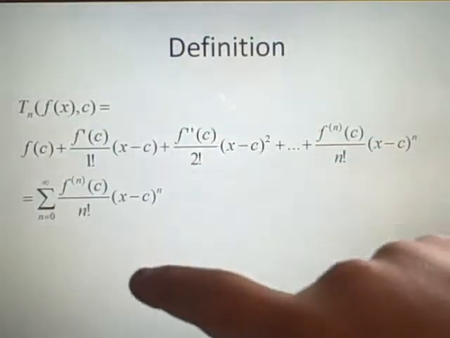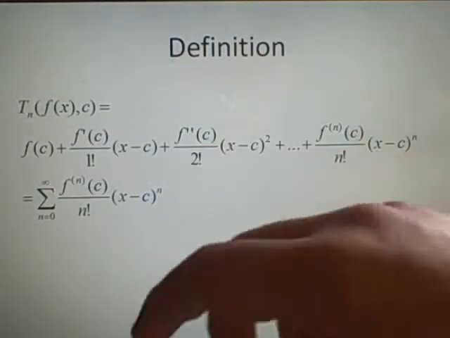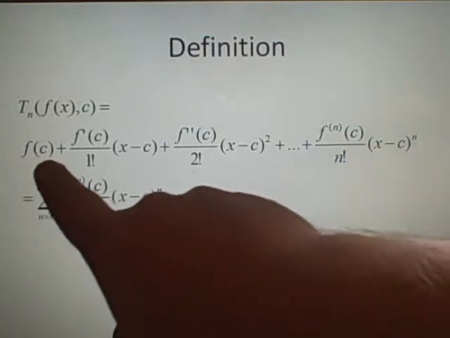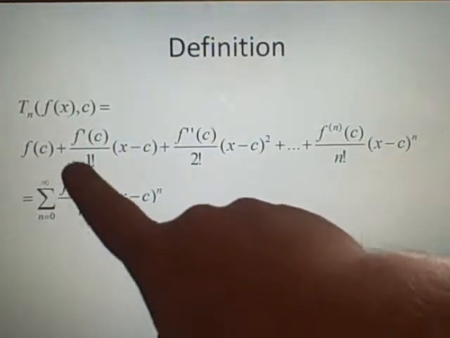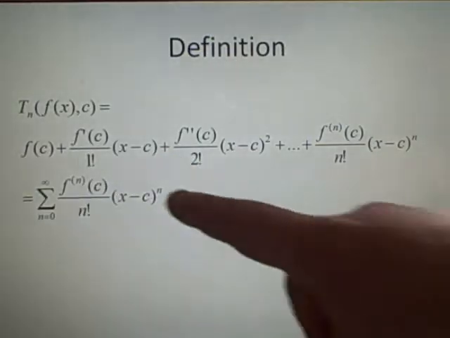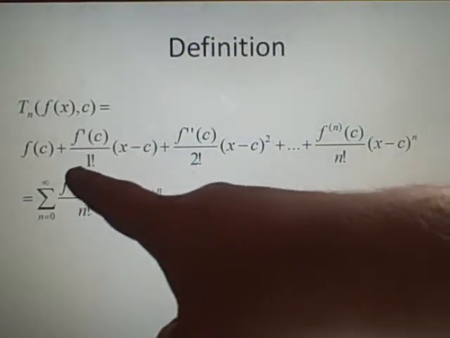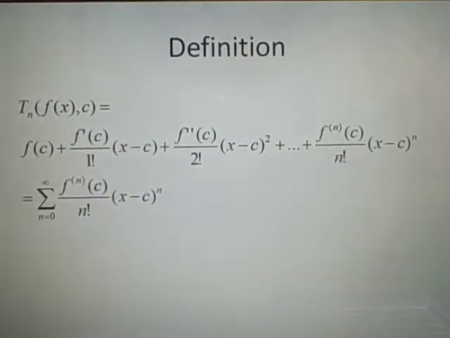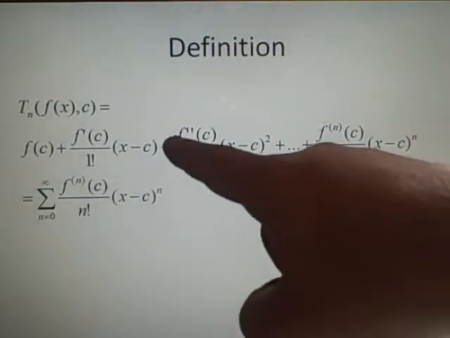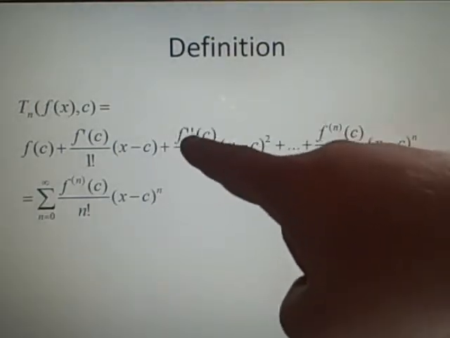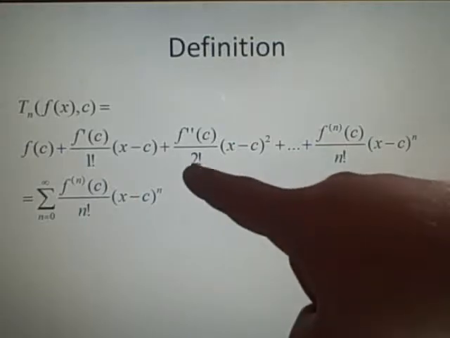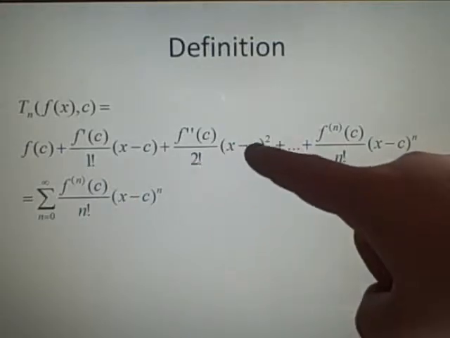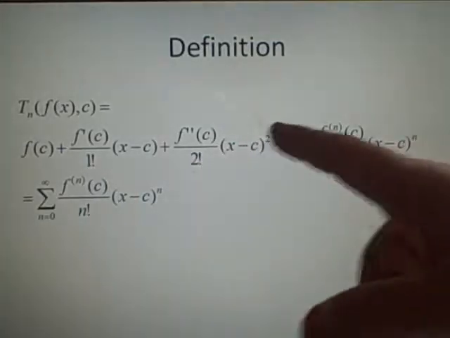So f of x, not xy, no others than that. We have f of c, which is our value we want, plus the derivative, f dash of c over 1 factorial times x minus c, plus the double derivative of c over 2 factorial times x minus c squared, and so on.